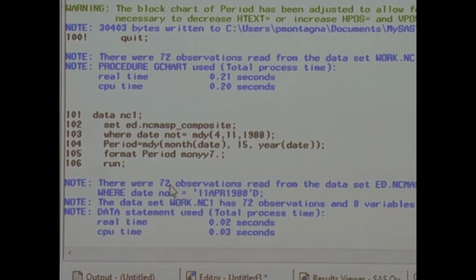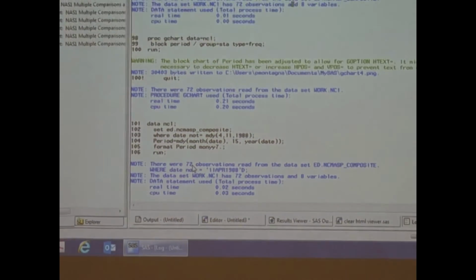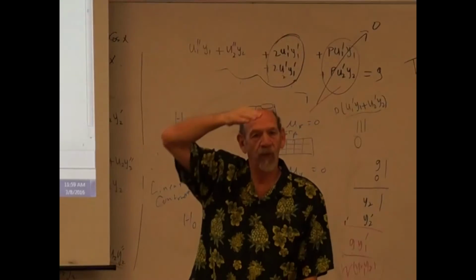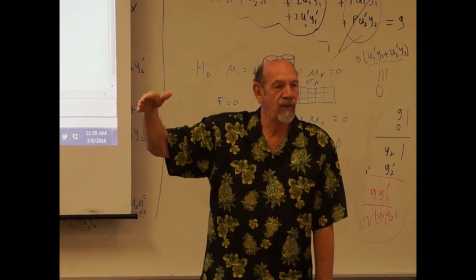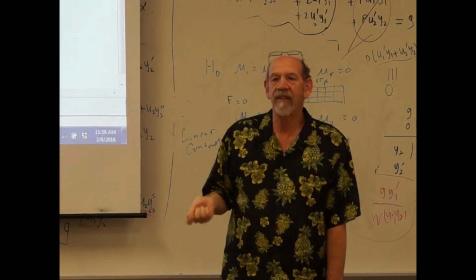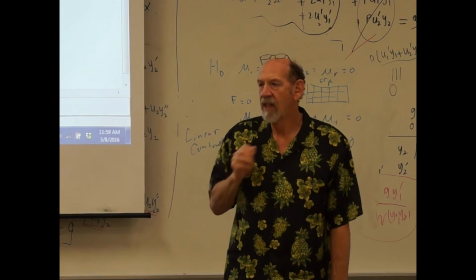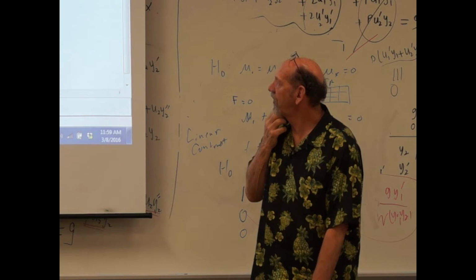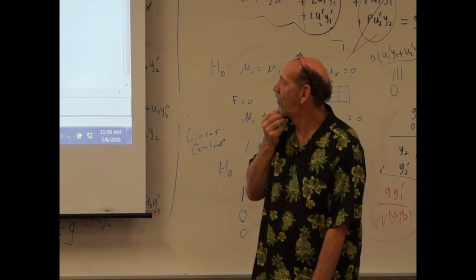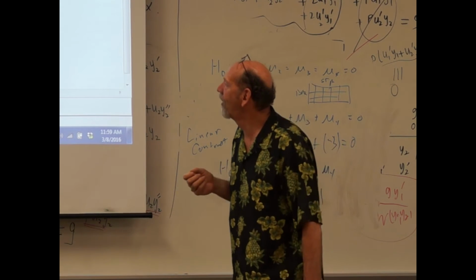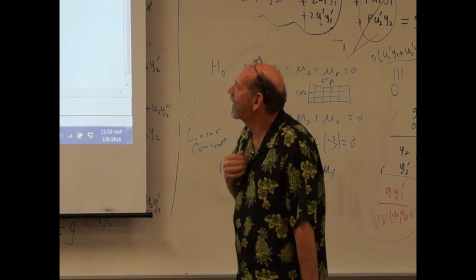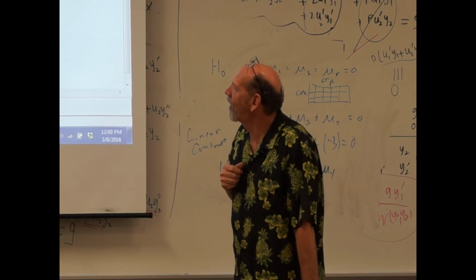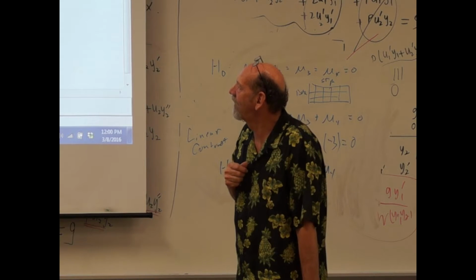What does that mean? That means it never even read the row that didn't meet the where test. Now, that means it's a hell of a lot more efficient. It should be more efficient, but it actually took more time. Look at the if statement. The CPU time, the real time was 0.01 seconds.